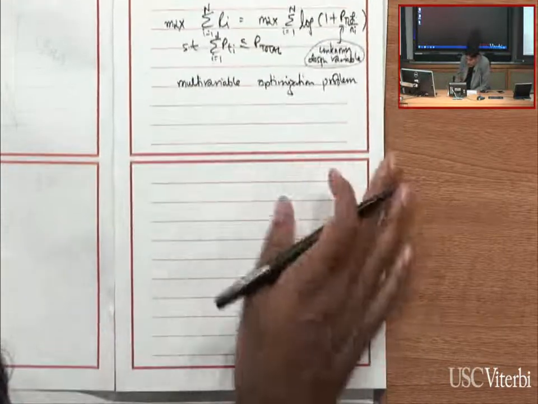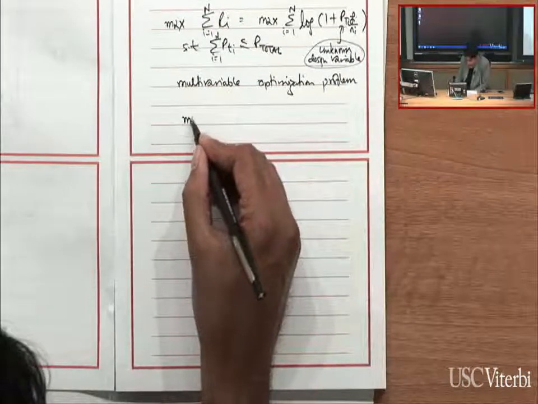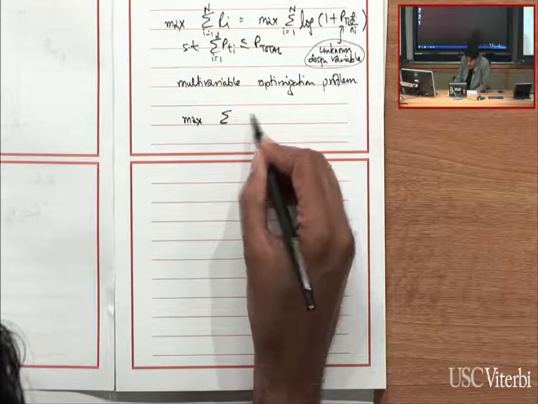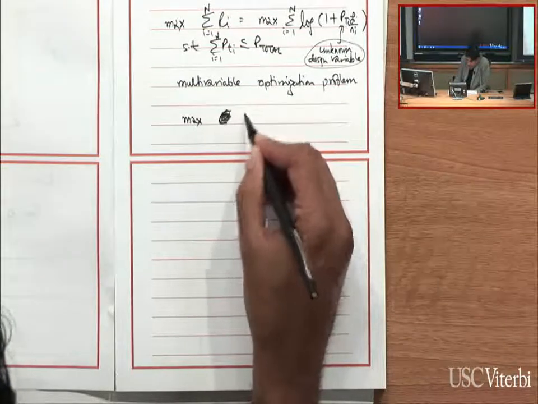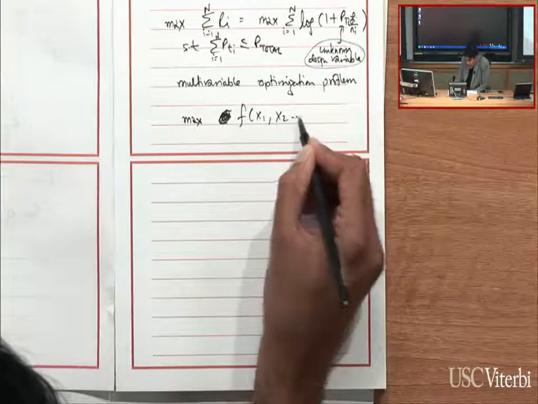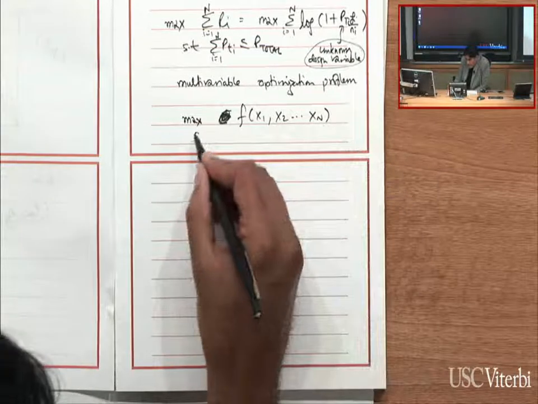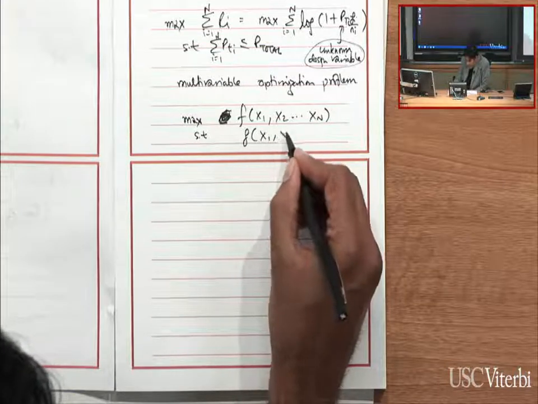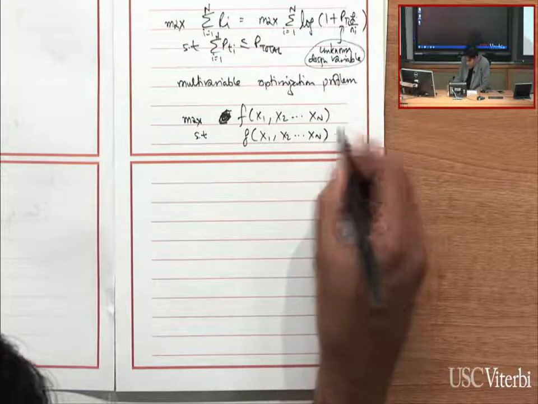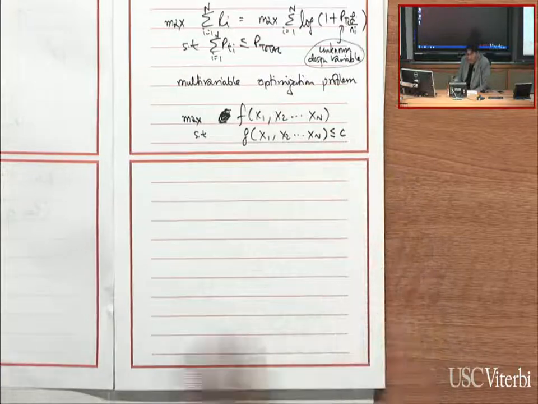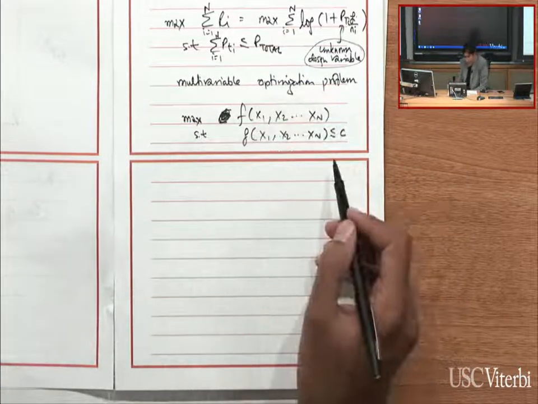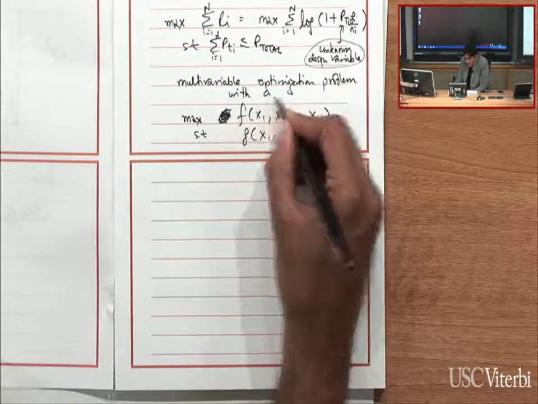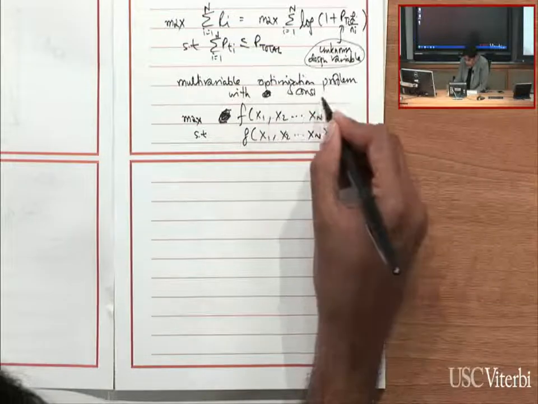So the way we'd normally solve problems like this, if you're given a problem like maximize some function of x1, x2, up to xn, such that some other constraint related to these is satisfied, this is a multivariable optimization problem with a constraint or with constraints.